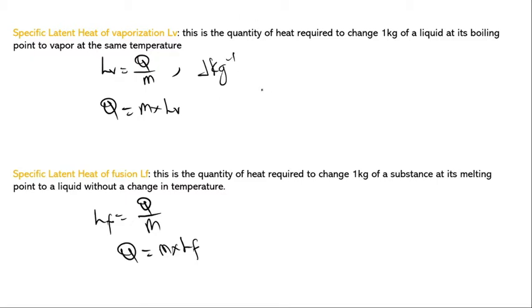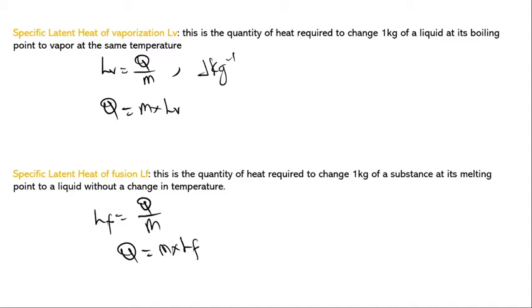And if you want to know the heat energy involved in changing a liquid to a gaseous phase, that can be calculated using the formula of mass multiplied by the latent heat of vaporization.